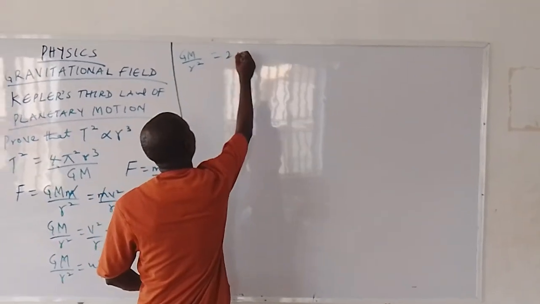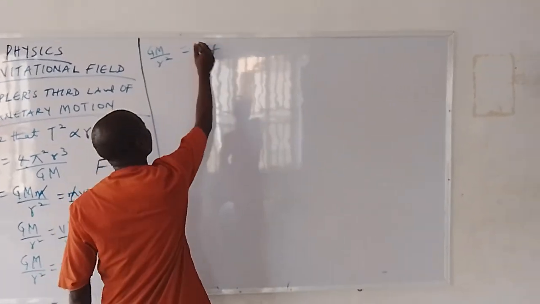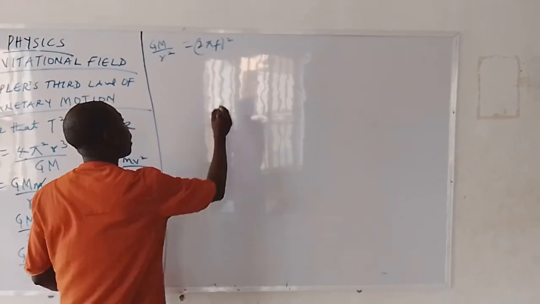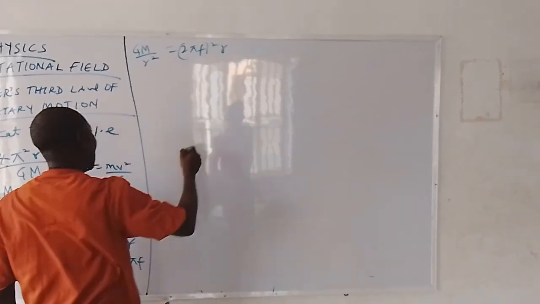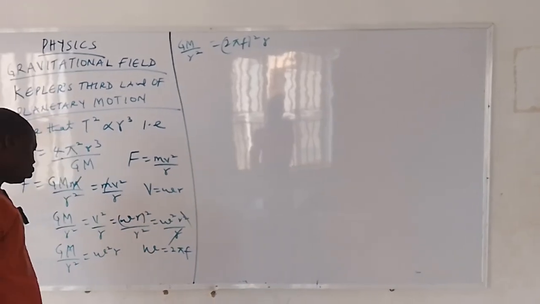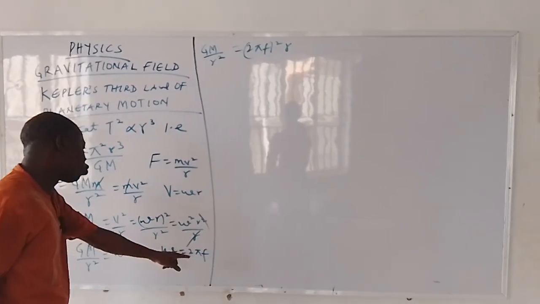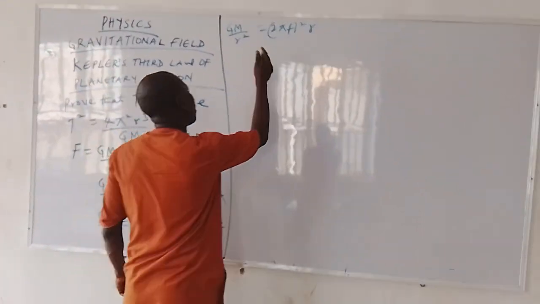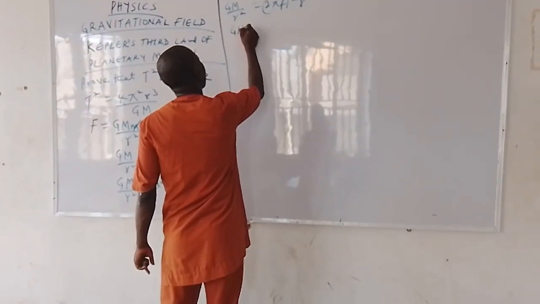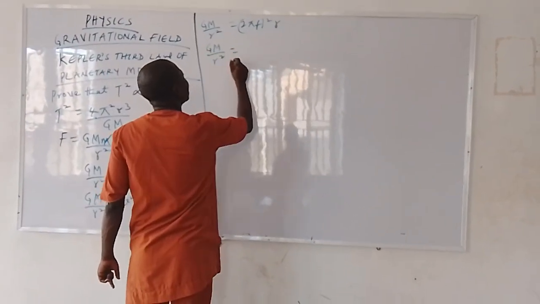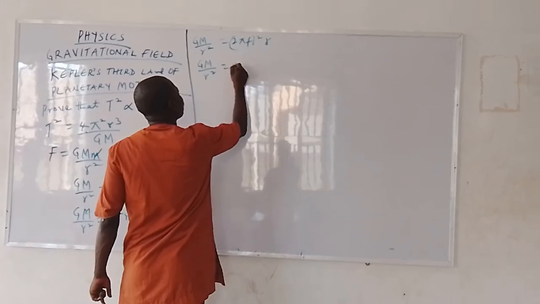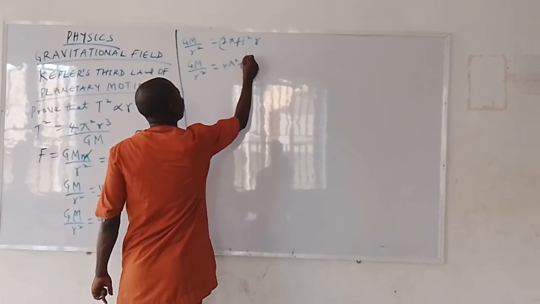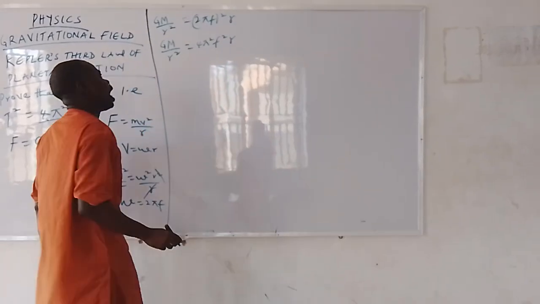So I will now say 2 pi f all squared, then multiplied by this existing r. So our omega is 2 pi f. I square it, then multiply by this existing r. So I will have GM over r squared is equal to the square of 2 pi, which is 4 pi squared, f squared multiplied by r.